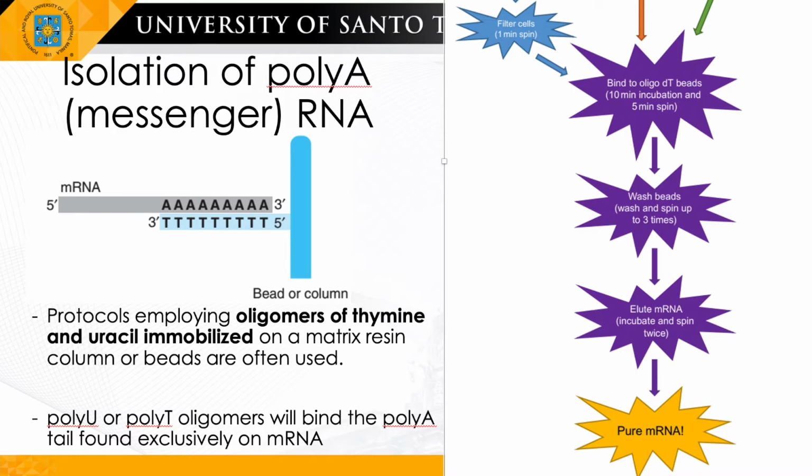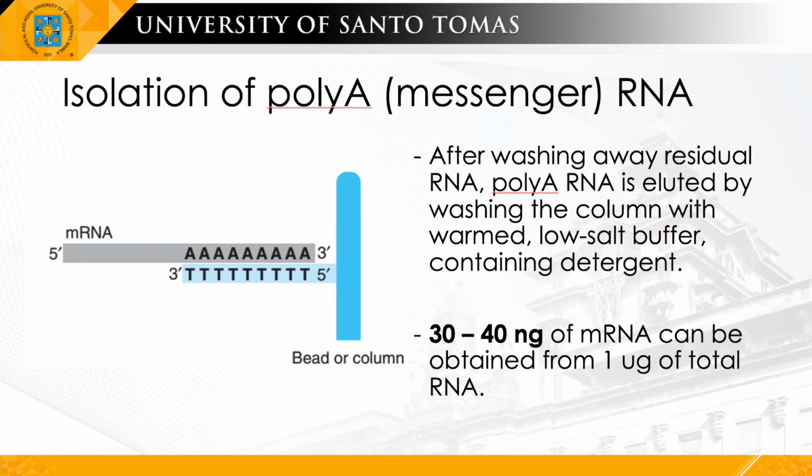Batch chromatography is carried out with a fine grade of oligo-dT cellulose at optimal temperatures for binding and elution. So, this is again the bead or the column containing the polythymine tail, and this is your mRNA with the polyadenosine tail.